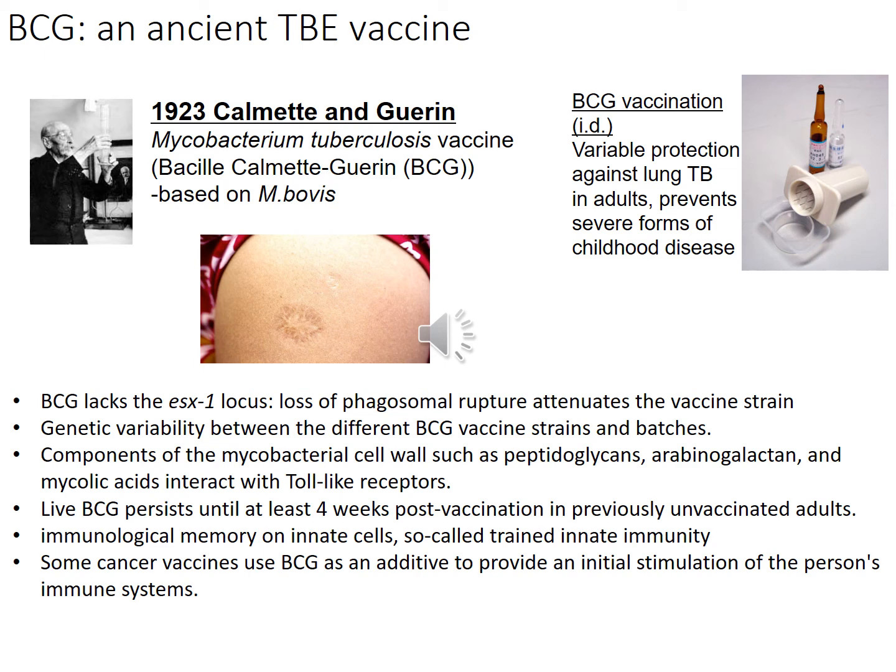It is a response in these macrophages which is primed by the BCG vaccination but not antigen specific. This trained immunity is mediated by the NOD2 receptor signaling, and it involves epigenetic modifications of these macrophages.